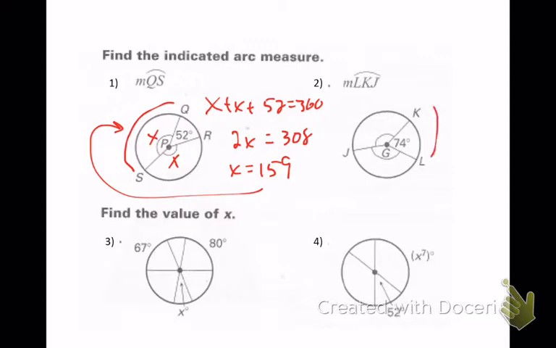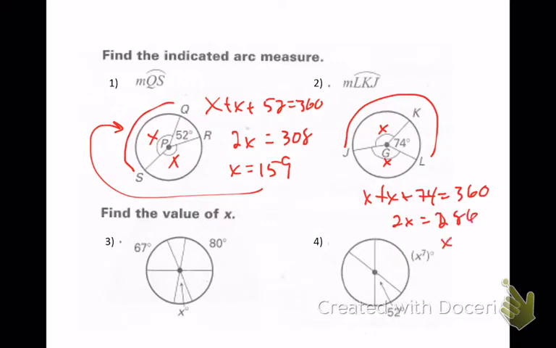Okay, now we want to find LKJ. Same deal, right? These are the same, so x plus 74 has to equal 360. 2x is going to be equal to 286, and divide by 2, and x is going to be 143.